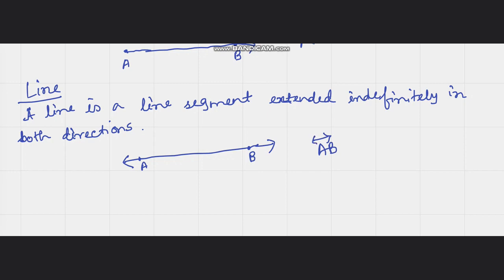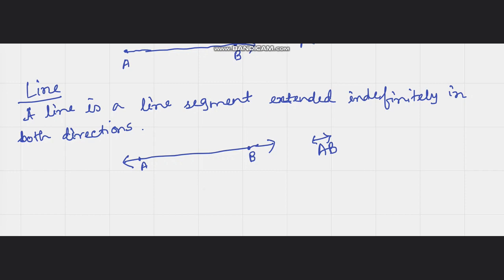So this indicates that this is a line. When we have one arrow, that indicates a ray, and if it doesn't specify anything, that indicates a line segment, because that has a definite length. But here, if you take a look, it doesn't have any definite length, because it can be extended to any direction.